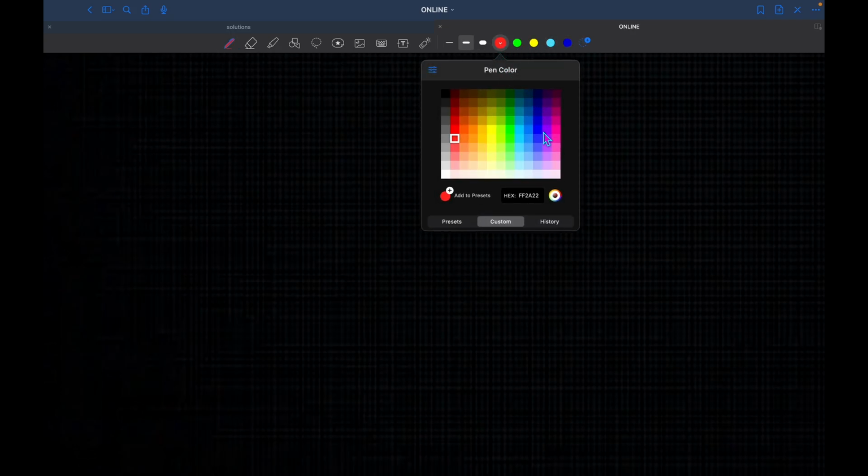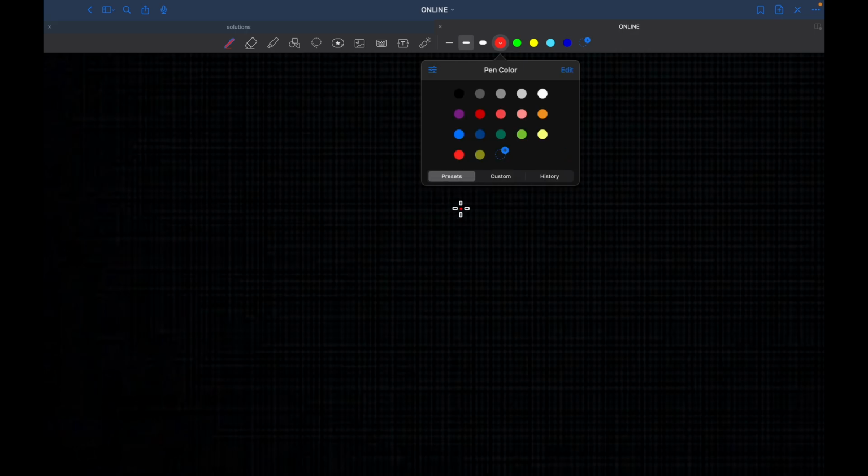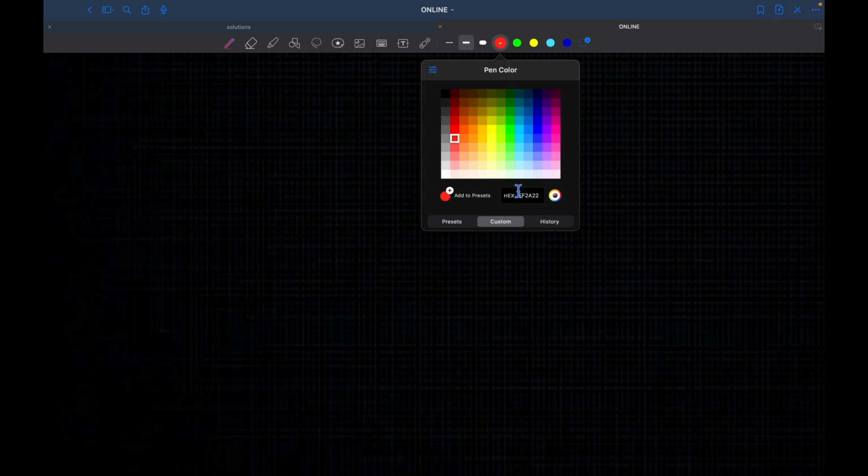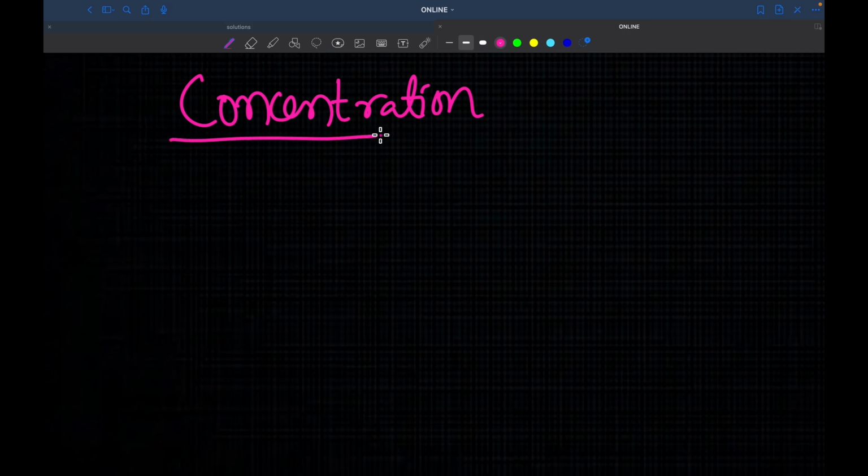Next we'll move to the most important objective of this lesson. The most important objective of this lesson is concentration.